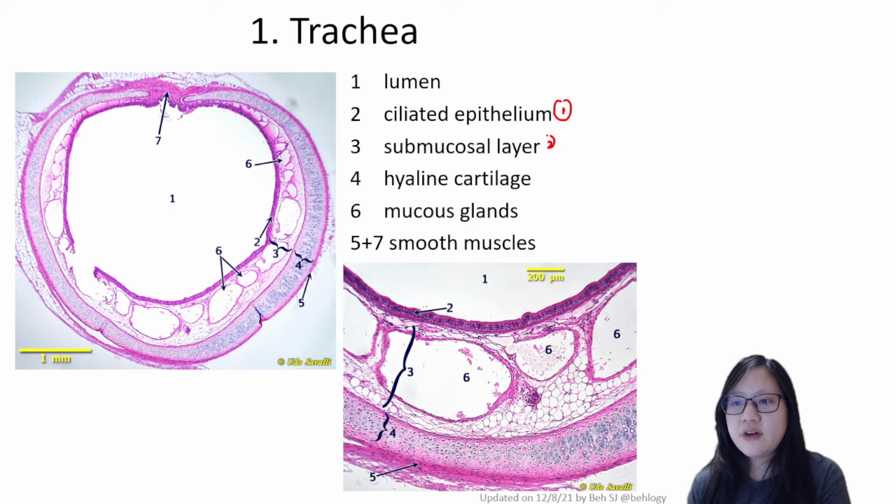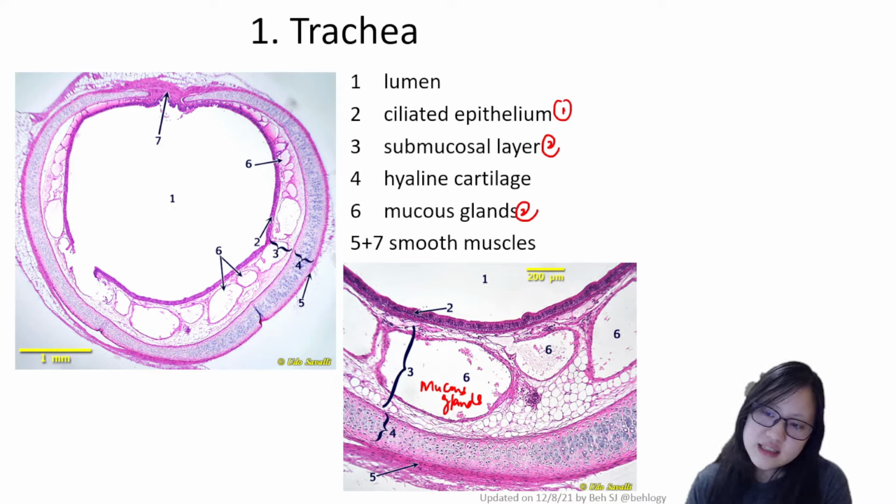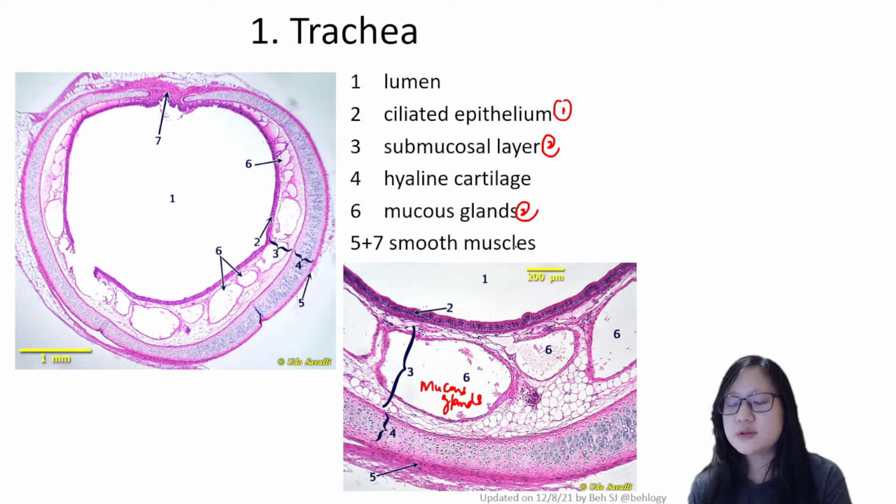The second layer right under it is the submucosal layer, which has these big holes, but they're not really holes, they're not empty, they're actually mucous glands. And there is elastic tissue, elastic fiber somewhere in there as well, labeled here at number 6. Elastic fibers are not very visible, but that's okay. Just see it all as one submucosal layer.